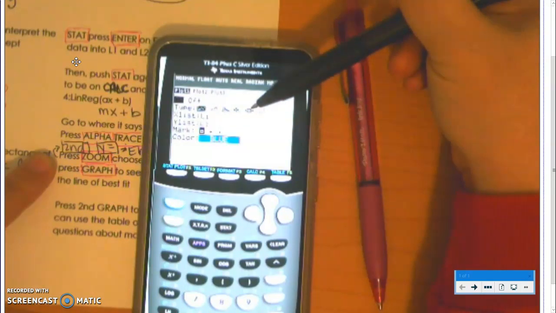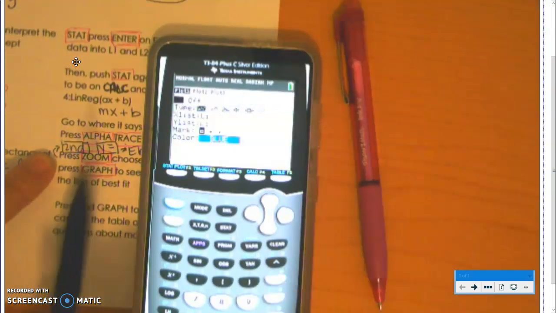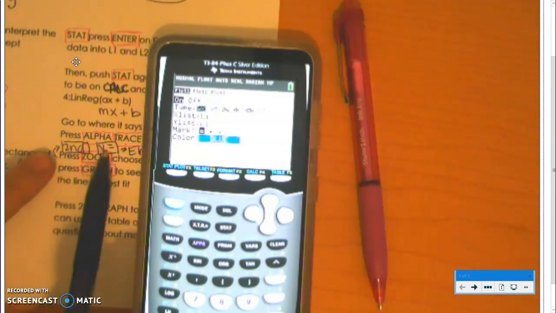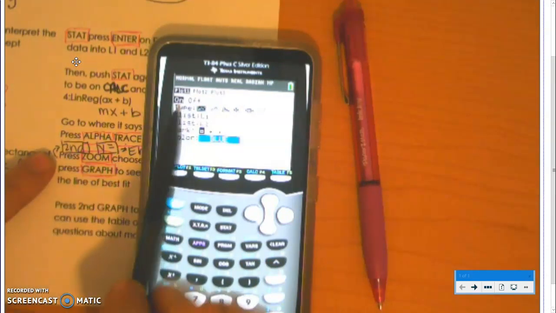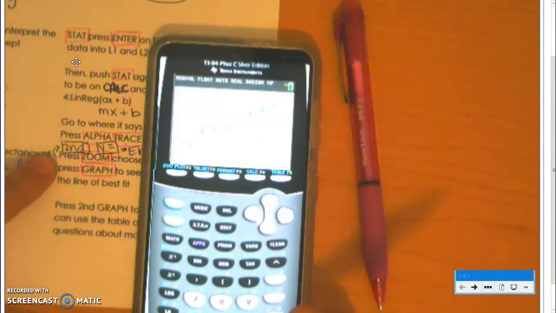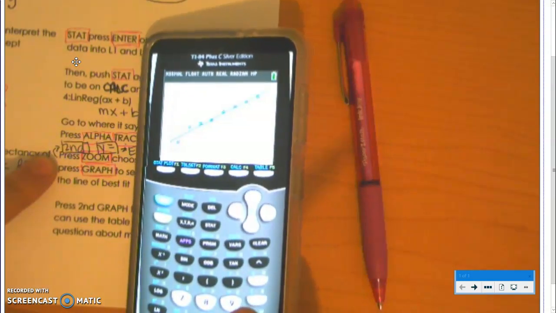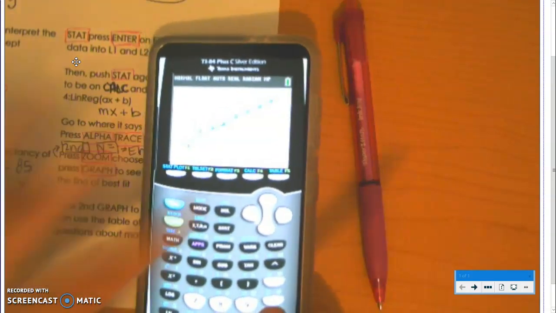Fun fact, if you have something where it wants you to make a box plot or a histogram, those are options in here also. So now, I've pushed second y equals, hit enter on it. Now I can push zoom 9 and it'll show right up. So you can see my line. You can see all the points from my scatter plot. Those points are all from my table.